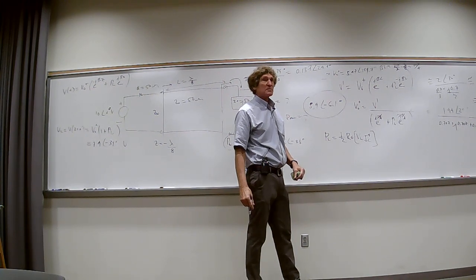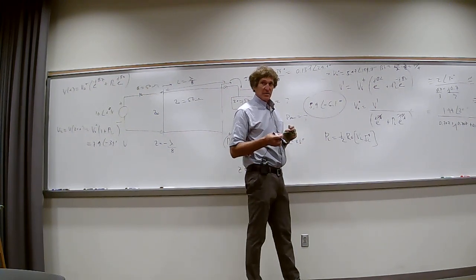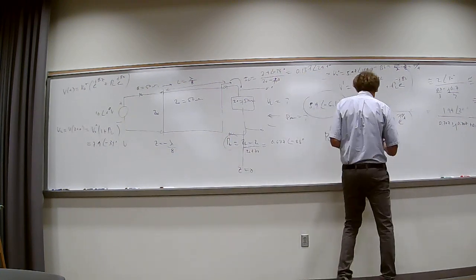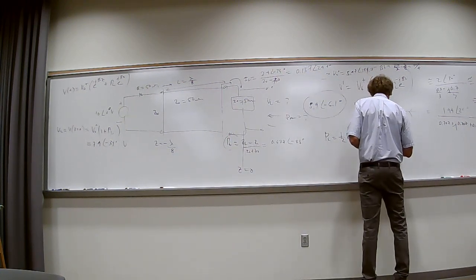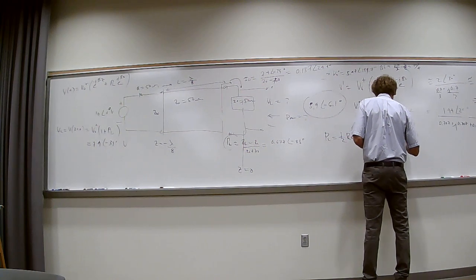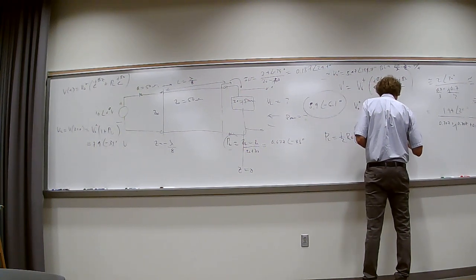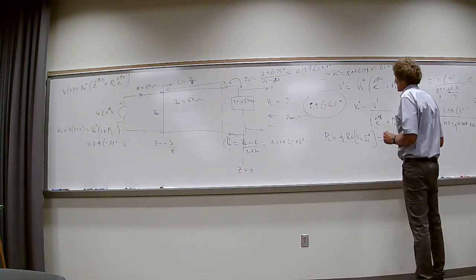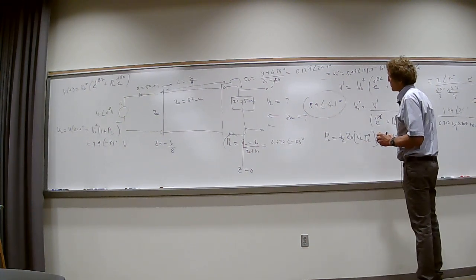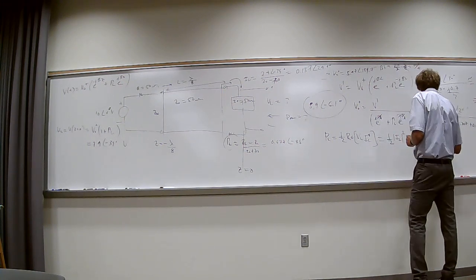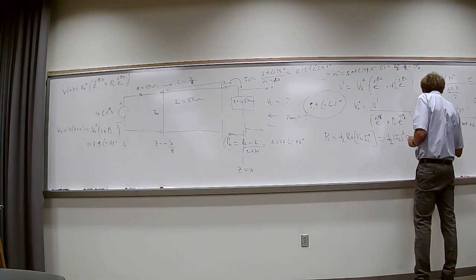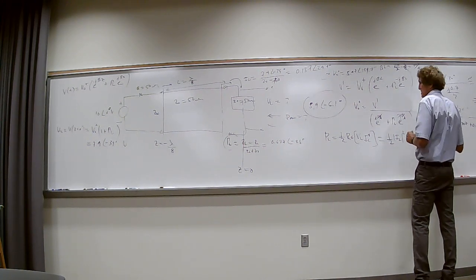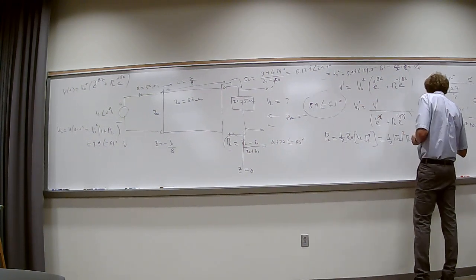Power is only dissipated by the resistance value. So I can say the power is simply 1/2 the magnitude of the current, there's no angle here, squared, 0.137 squared, times the resistance. The real part is 20.